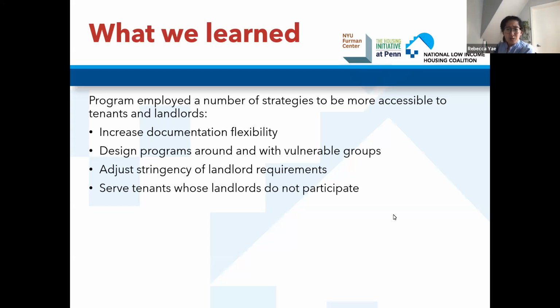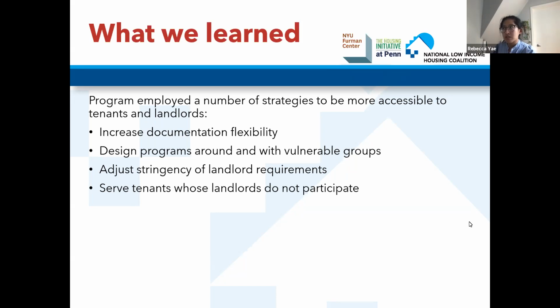Landlord engagement was also crucial in many programs, but at the end of the day, some landlords simply won't participate in a federal program. And so several programs worked around this and paid tenants directly, as they felt that tenants shouldn't be penalized for their landlord's non-participation, and in some cases to support future housing stability, they supported tenants with relocation assistance as well.